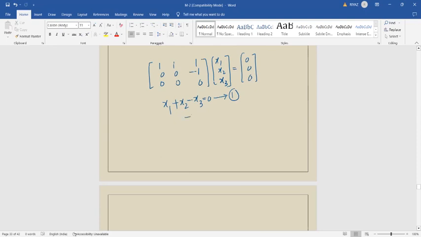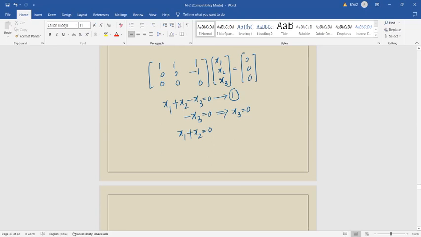We get only minus x3 is equal to 0, which implies that our x3 value will be 0. Understood? If x3 is 0, then finally x1 plus x2 is equal to 0.